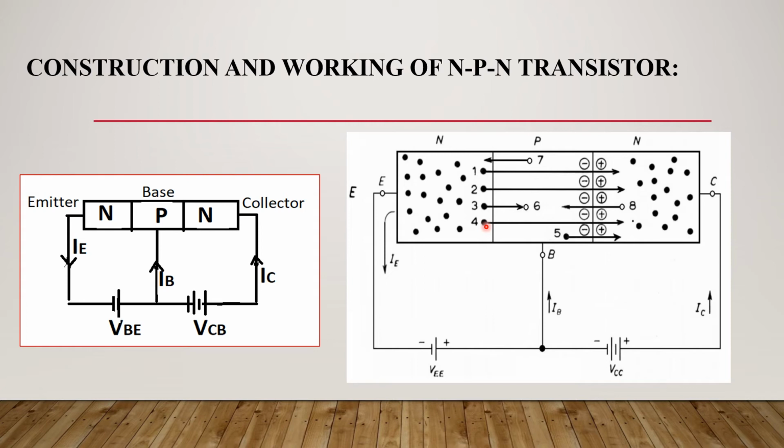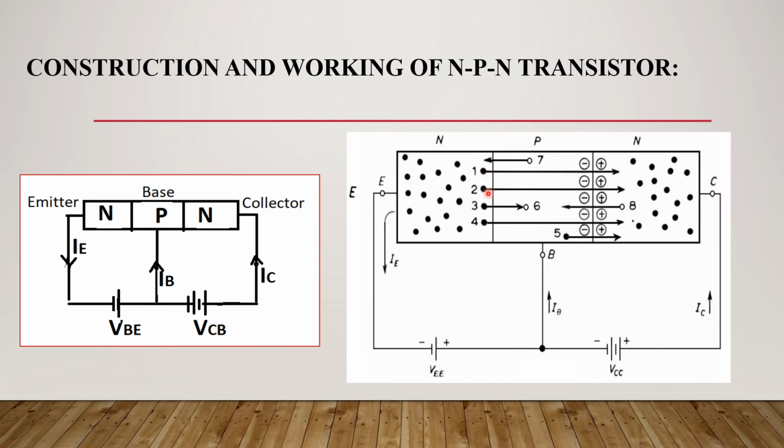Okay, now we have this small base, which is a narrow one, also lightly doped. So most of the minority carriers, that is electrons, traveling from the emitter end of the base region, move towards the collector region and do not recombine in this base, isn't it?